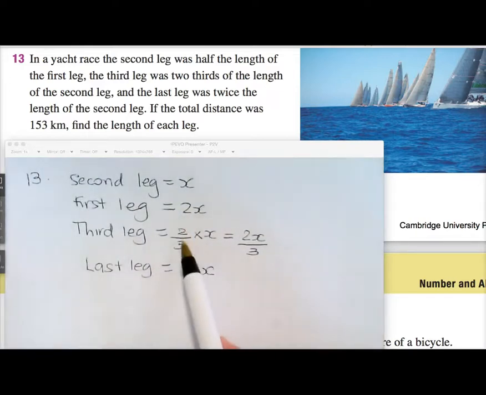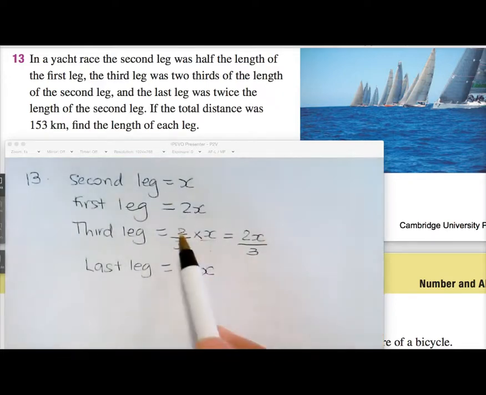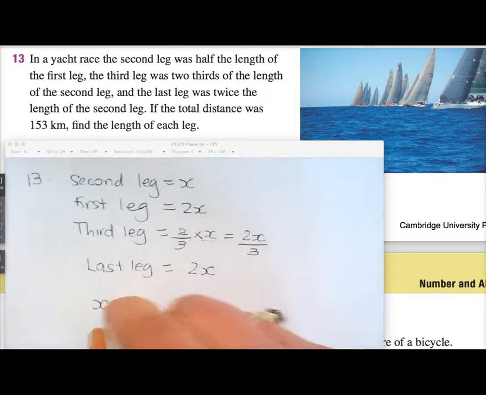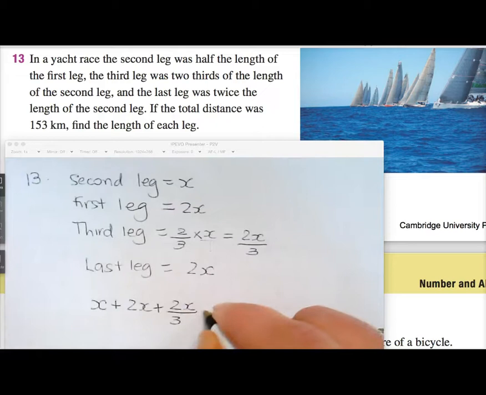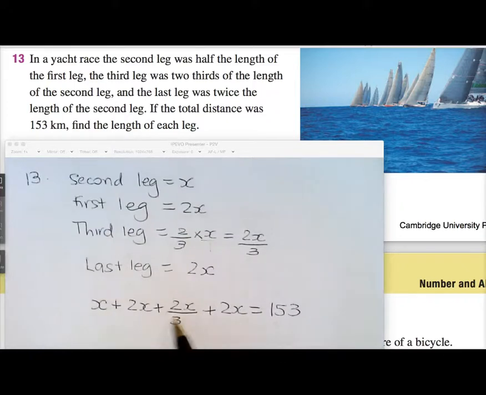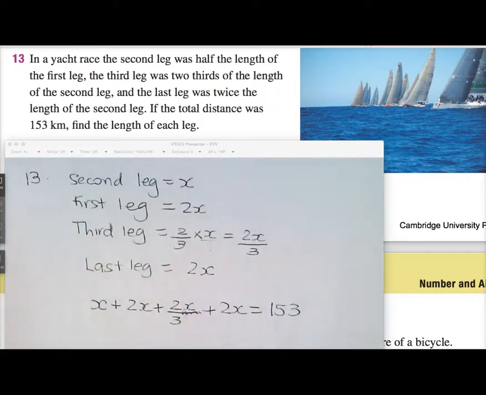So girls, 2/3 of x is 2/3 times x over 1. Multiply the numerators, multiply the denominators, is 2x divided by 3. So therefore, adding them all up, x plus 2x plus 2x over 3, or 2/3 x plus 2x is 153. There's no reason why you can't leave it as 2/3 x if it's going to bother you.